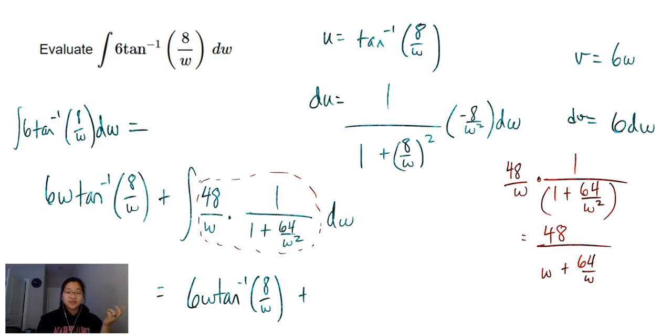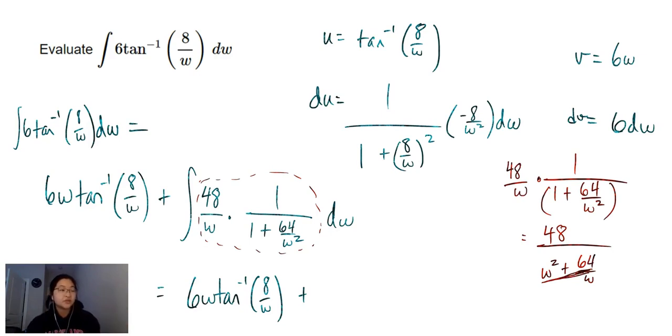But like, that's kind of annoying, so what can we do here? Well, we could get a common denominator, so we get w squared over 64 over all over w. And then we can, like, flip and multiply, right?